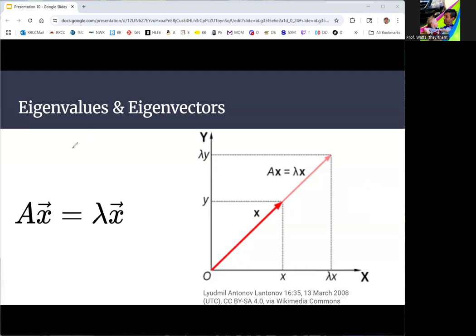So let's say we had a vector v pointed there. When I operate on it with the matrix A, I'll get some other vector u, and maybe u is shorter and points over there. That's usually what happens: you get a vector with a different magnitude in a different direction.